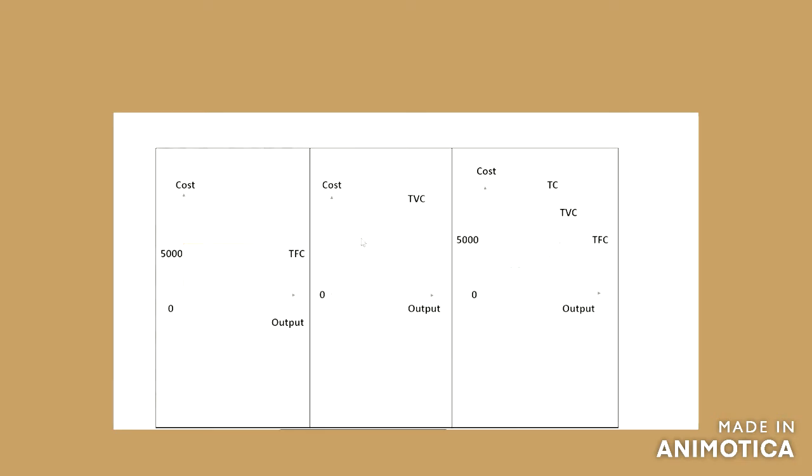So this is the shape of the curve. And the total cost also has the same shape as total variable cost because when output increases, the total cost will increase, but it will not start from 0. It will start with TFC because it is a combination of TVC and TFC. So this is the shape of the total cost curve.